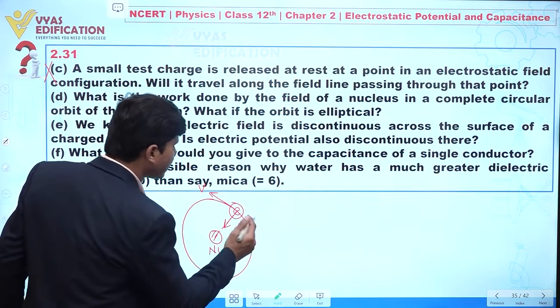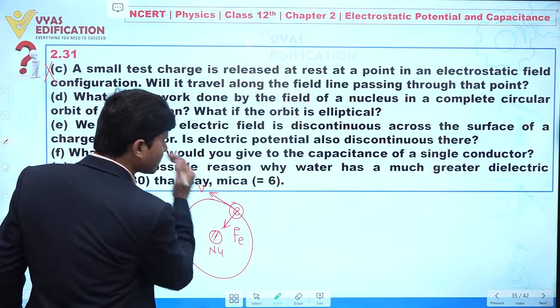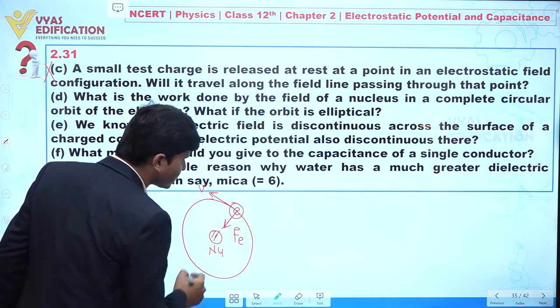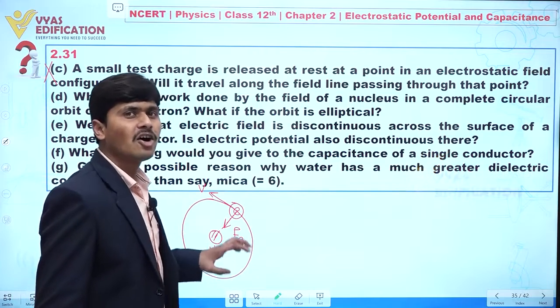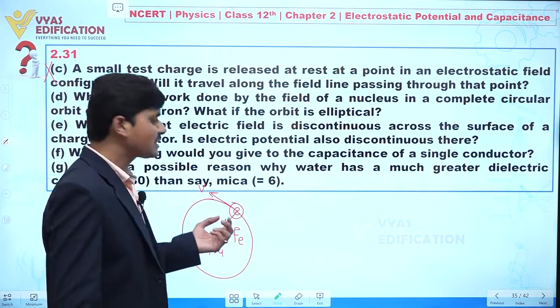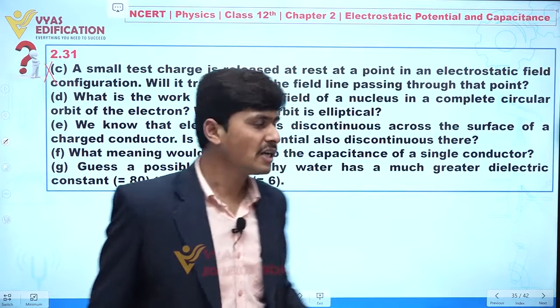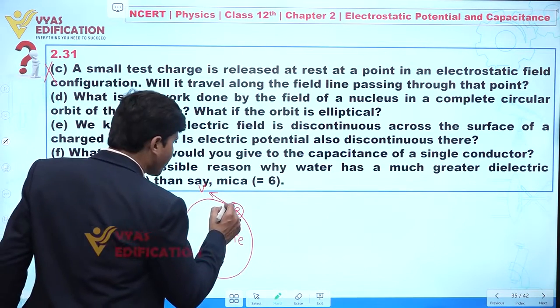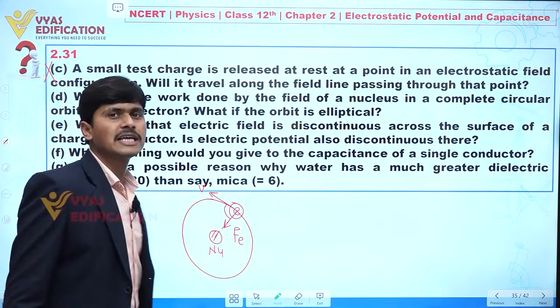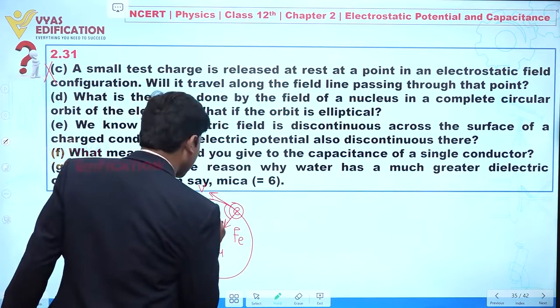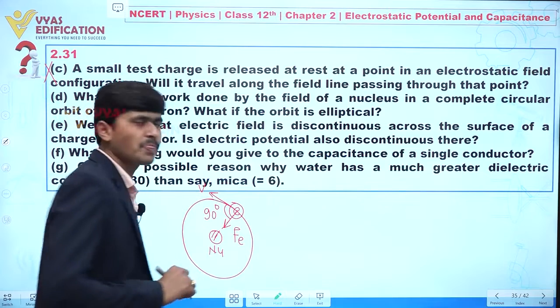So now we can say the displacement of the electron is in this direction, and the electrostatic force is acting along a radius, towards the center. It means this electrostatic force is behaving like a centripetal force. Clear? So now we can say the displacement and the force are at 90 degrees to each other.